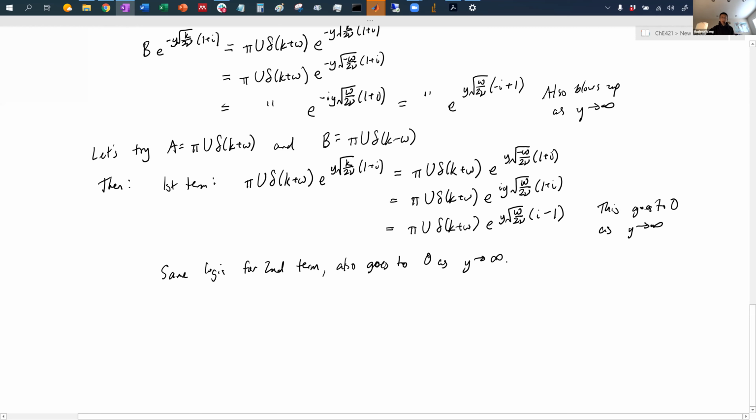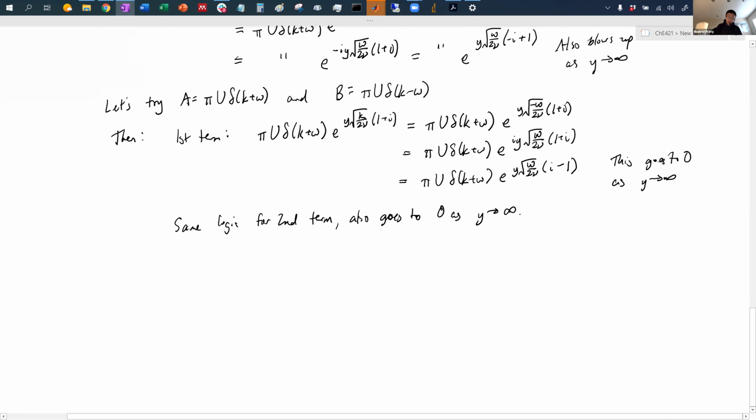Okay, and so what that means then is that A is equal to pi u delta k plus omega, and B is equal to this. So the overall solution looks like this.